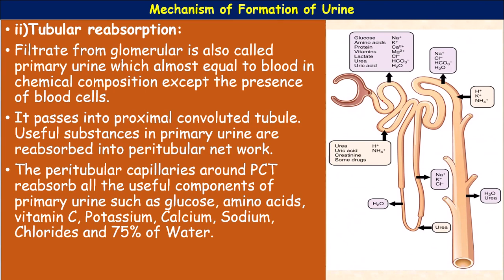So in the proximal convoluted tubule, glucose, amino acids, protein, vitamins, lactate, urea, uric acid, sodium, potassium, calcium, magnesium, chloride and bicarbonate and water. These are all the substances which are in minute concentration, which are required, and they are reabsorbed.